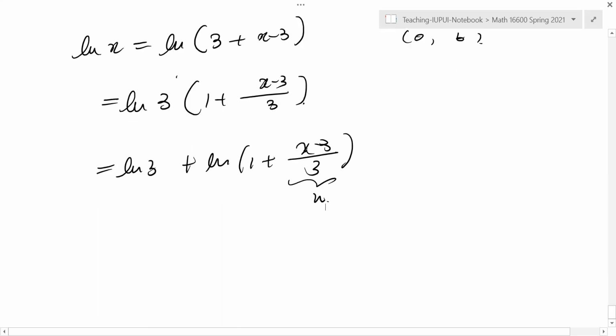So if you still use the same formula, if you're not going to use the formula for natural log of 1 plus u, then you have to put a negative. But if you use the natural log of 1 plus u, then this is going to be something like that: negative 1 to the nth power, u to the nth power, divided by n plus 1.